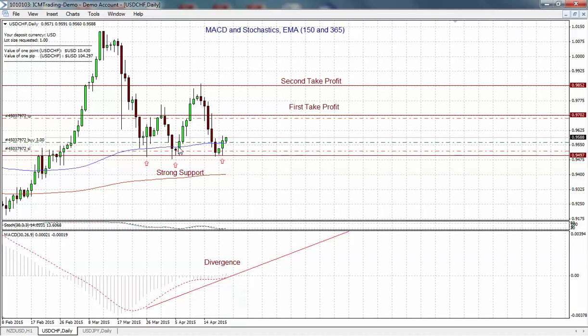Okay? By the time you get to this third level, MACD is even higher. So even though we've touched this same low multiple times, MACD is showing that the momentum is actually reversing to the high side, to the bull side. And so when you see that the trend on your chart is either going down, or let's say if it's touching the same level of support, and MACD is going up, that means you have divergence.